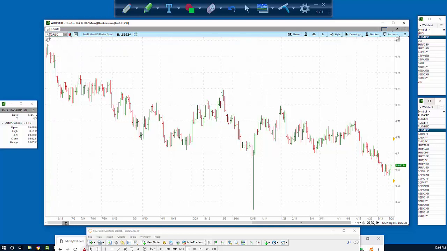Now, if the base currency is gaining strength over the quote currency, the pair price will be moving up. And if the USD is gaining strength over the Australian dollar, the pair will be moving down. Okay? But what it really is, it's a tug of war all the time between two economies, right?